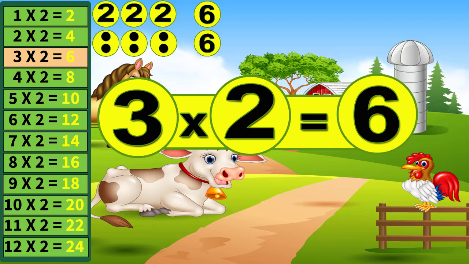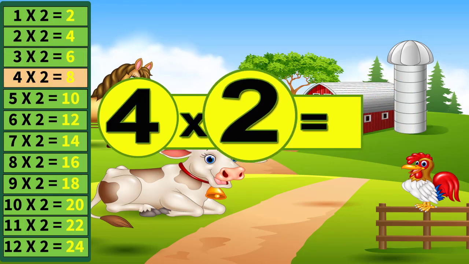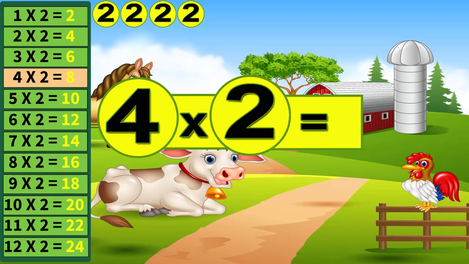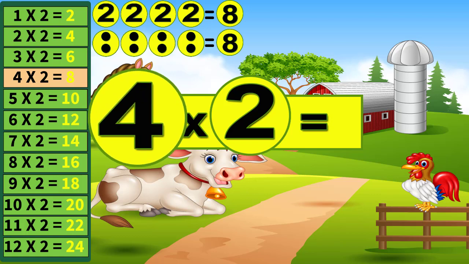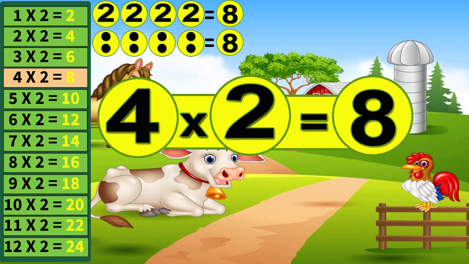Okay. So now we have 4 times 2. Times meaning 4 of. So, 2 and 2 and 2 and 2 is 8. So, 4 times 2 equals 8.